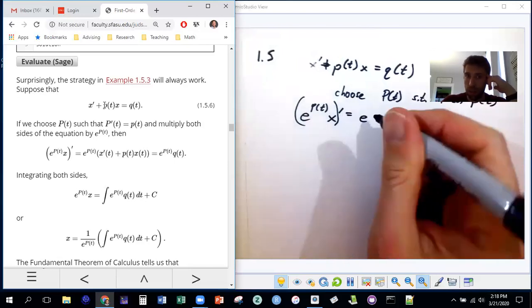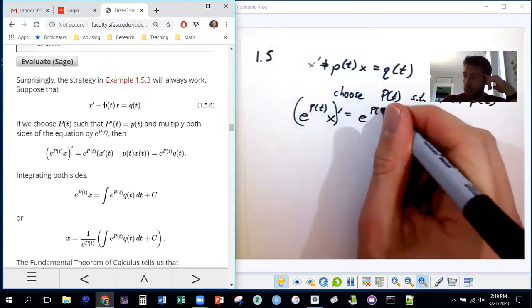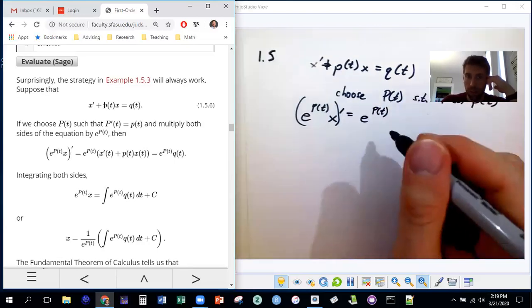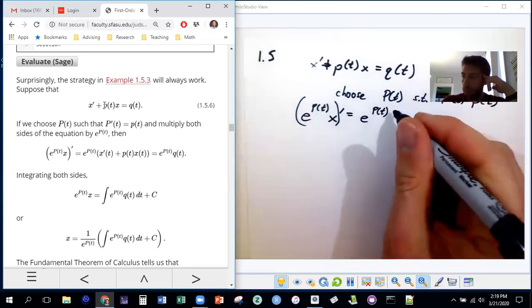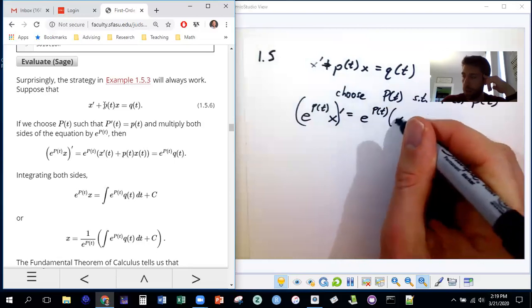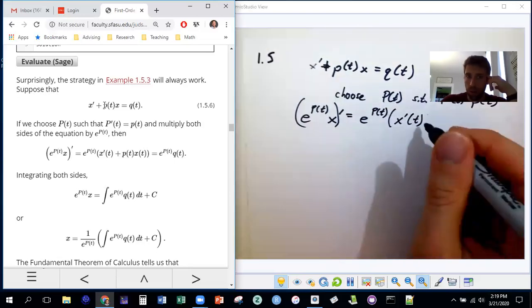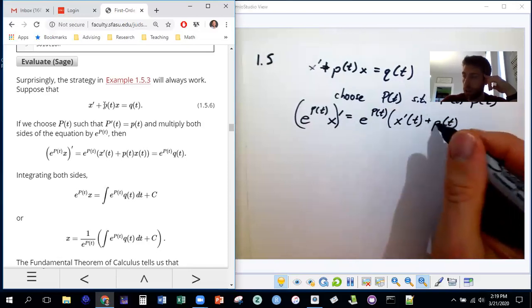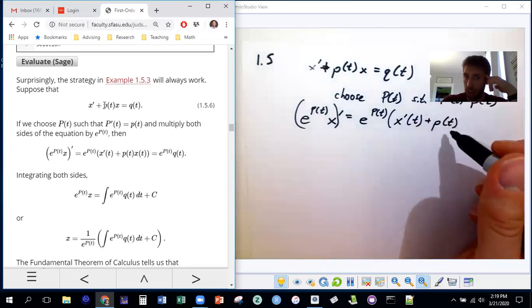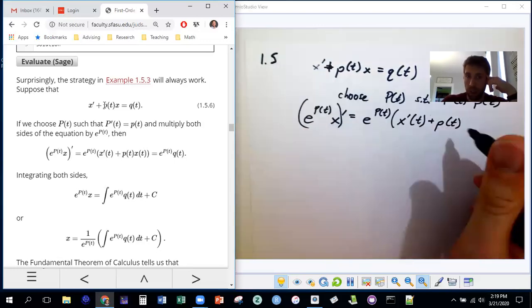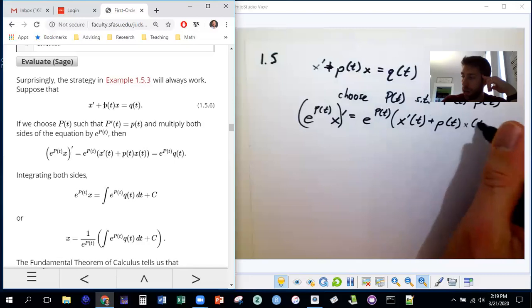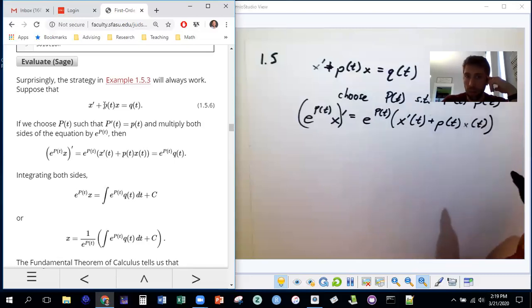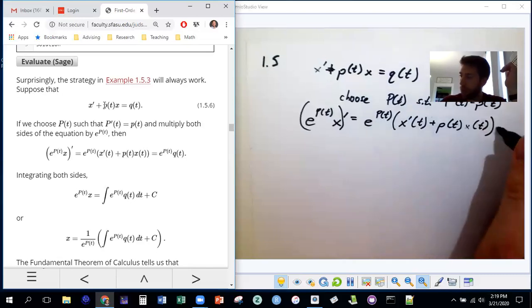So e to the P of t times x prime of t plus little p of t, notice, because that's the derivative, because you're doing chain rule there, times x of t. Okay, and that's equal to e to the P of t times q of t.